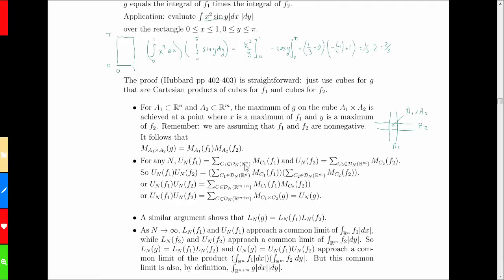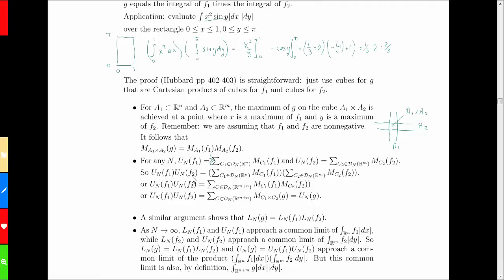To get the upper sum for f1, we want to add up the supremum for all the cubes, and I guess I really should multiply this by 1 over 2 to the n raised to some power. Same thing here.